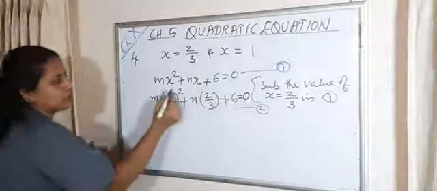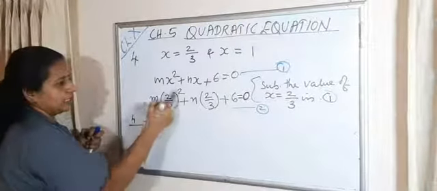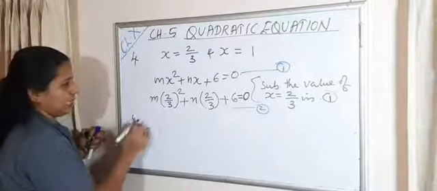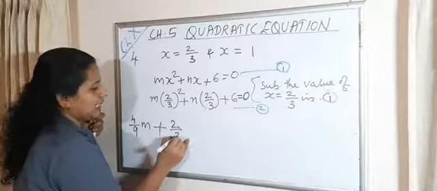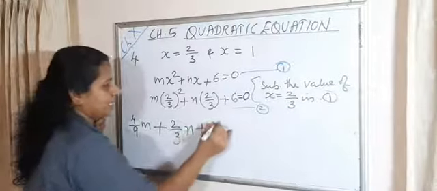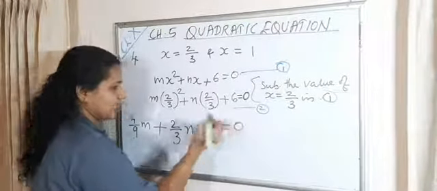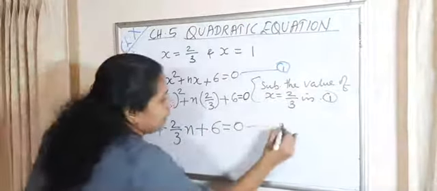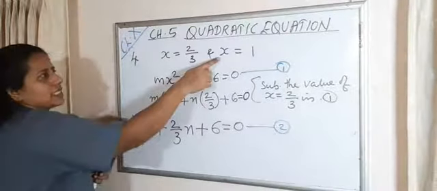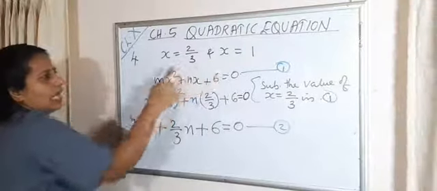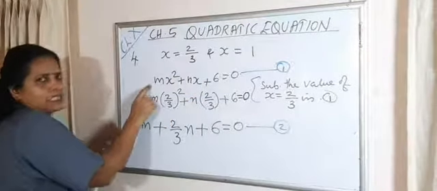Now, that is 4 by 9 m plus 2 by 3 n plus 6 is equal to 0, and put it as equation number 2. Next, take the next x value, that is 1, and substitute this in equation 1.